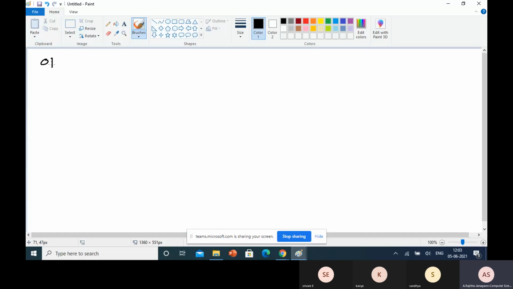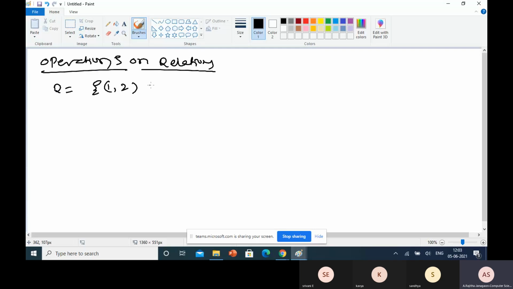Coming to the operations on relations, suppose you take the relation R like this: (1, 2), (2, 3), and (3, 2) on A only.